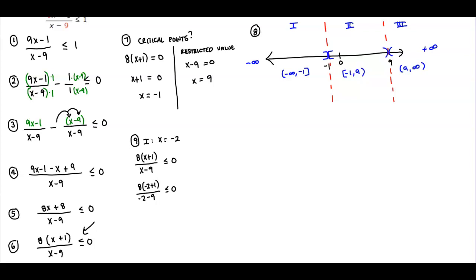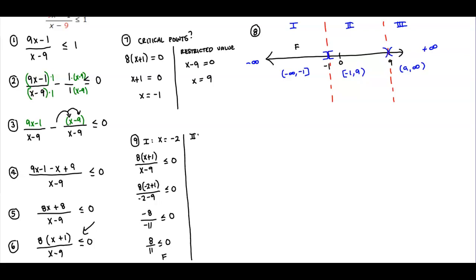Well, negative 2 plus 1 is negative 1, and negative 1 times 8 gives us negative 8. Negative 2 minus 9 is negative 11, and a negative divided by a negative is a positive. So 8 over 11, is that less than or equal to 0? Well, that's false. So we know it's going to be false in region number 1.